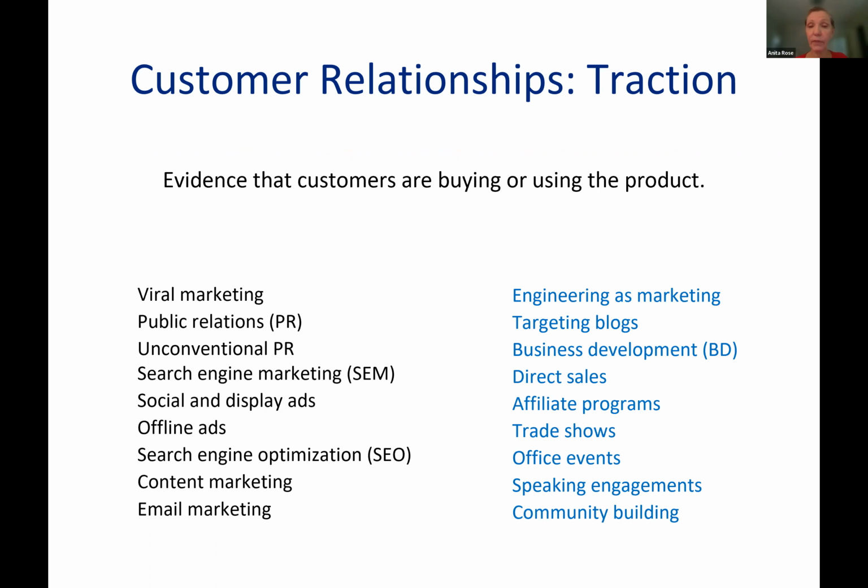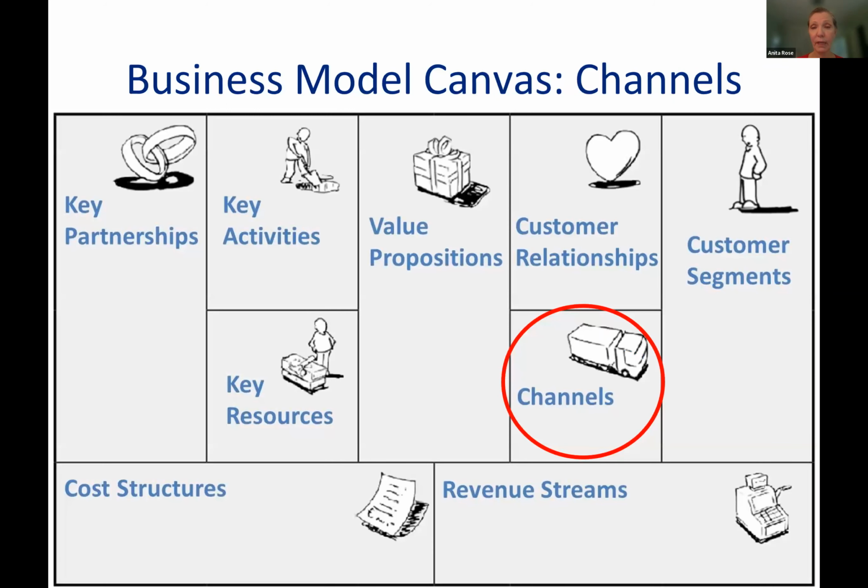Engineering as marketing, maybe targeting blogs. If you remember Dan Urban, he wrote a blog for procrastinators, very specific type of person. And then we have business development, direct sales, affiliate programs, trade shows. The list goes on, as you can see, and you can add from that too.